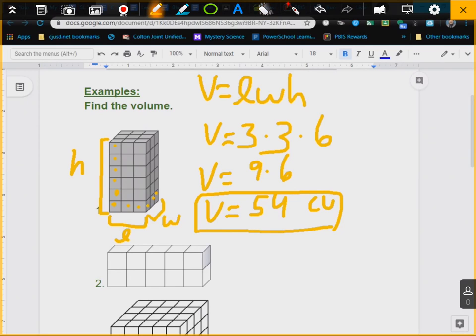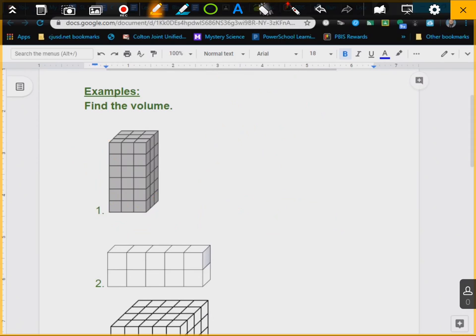Now, you could do this another way. You could count here and say, I know that there's 3 here, 3 here, 3 times 3 is 9. I know that there's 9 in this one. And I know that there's 1, 2, 3, 4, 5, 6 layers that contain 9 each. 9 times 6 is 54, and that would be your answer. You could also do it another way. You could say, I know that there's 1, 2, 3, 1, 2, 3, 4, 5, 6, so there's 18 in this one.